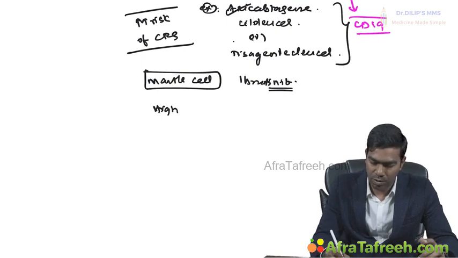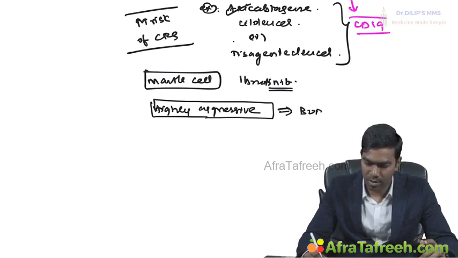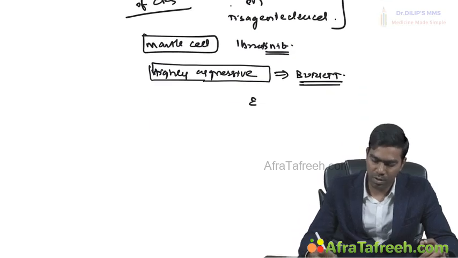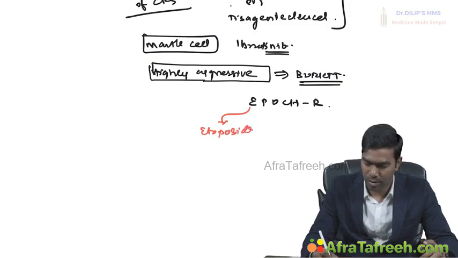For highly aggressive tumors, if they are relapsed, for example Burkitt lymphoma, use something called an EPOCH-R regimen. So what do we mean by EPOCH-R? E stands for etoposide, P stands for prednisolone.